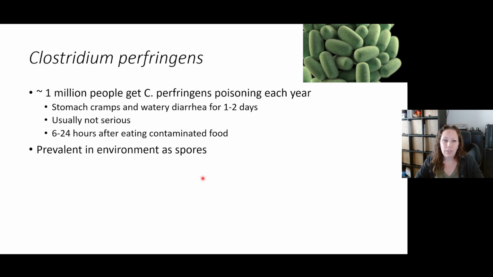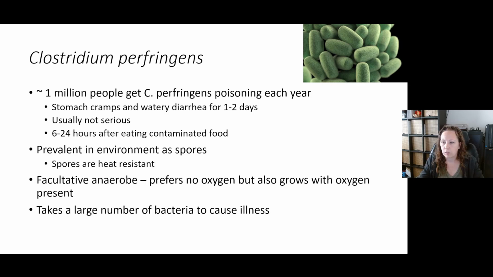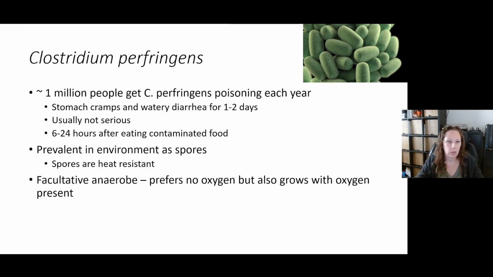Clostridium perfringens is prevalent in the environment as spores. So remember that spores are dormant bacteria. They have a coating during this dormancy that protects them. And then once they are introduced to conditions that are just right for them to grow, they come out of the spore form. Unfortunately for us, those spores, let me back up a little bit.